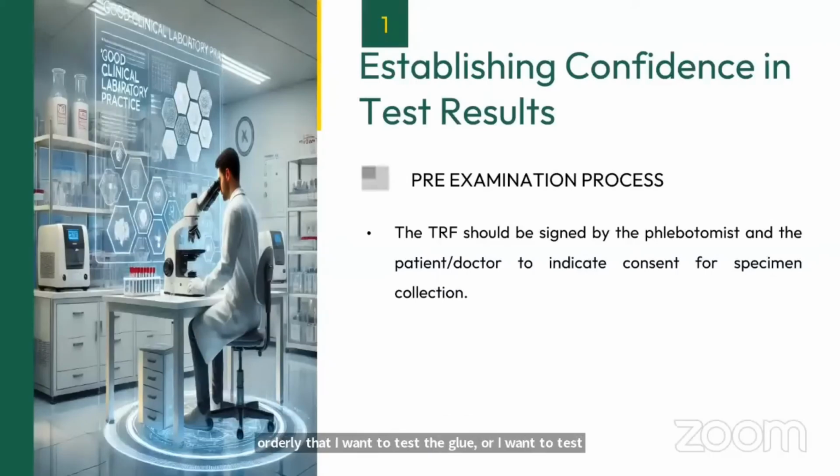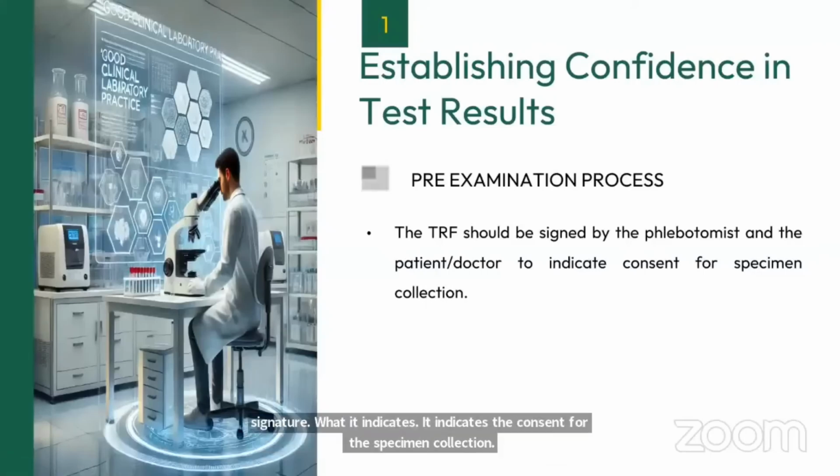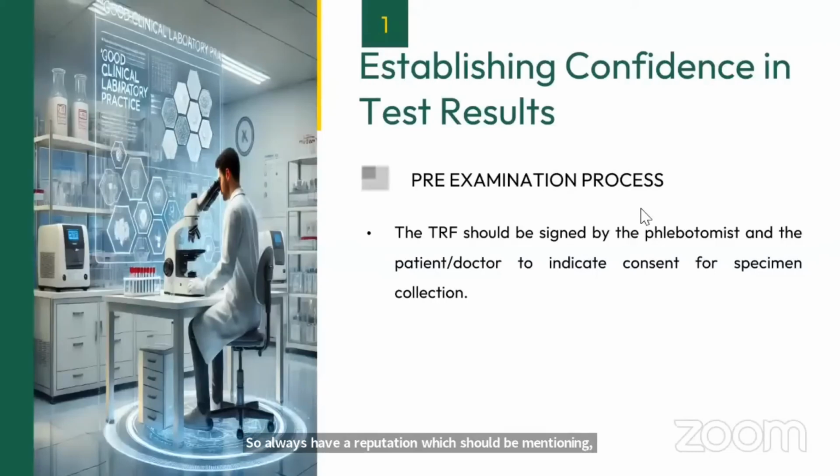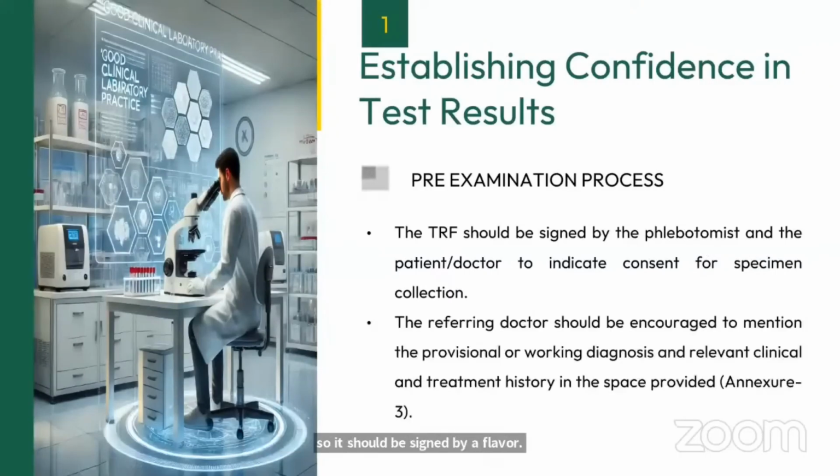They are not coming with any type of TRF. But in that case, you have to complete the TRF and take the patient's signature. It indicates the consent for the specimen collection. So always have a requisition form with the signature of the patient or doctor, and it must also be signed by a phlebotomist, that means the person who is collecting the specimen.